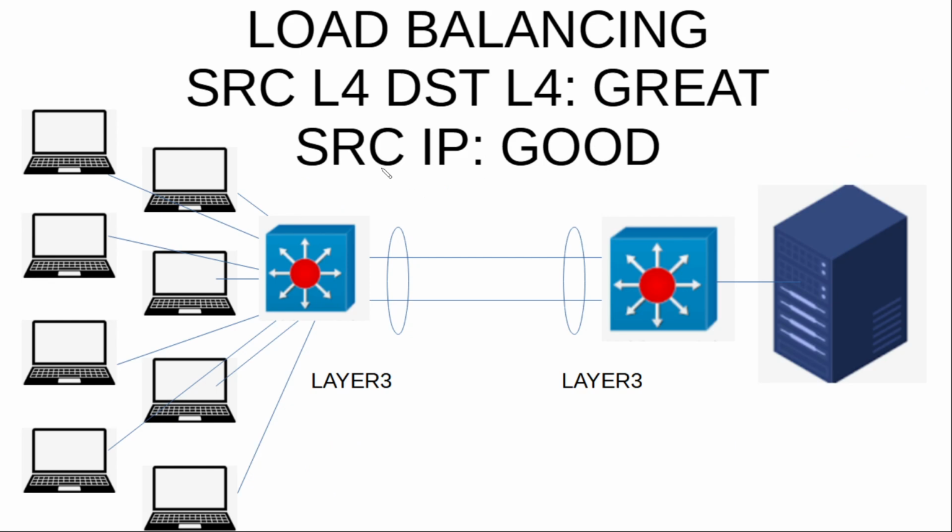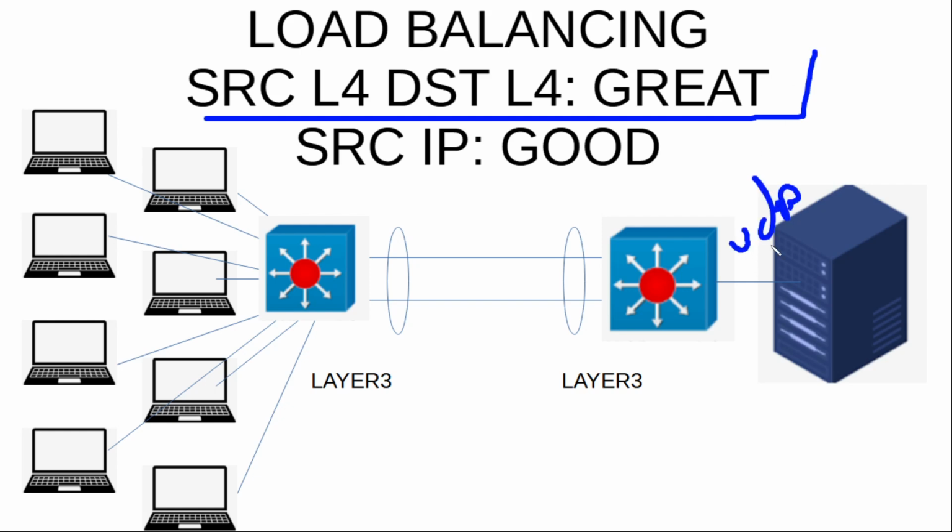But in this case, load balancing on layer 4 will be the best because we will be using several different UDP and TCP ports on both sides. That will create a reasonable amount of random numbers, so the load balancing algorithm will randomly be choosing sending packets on this link and other packets on this link, achieving 50% load balancing. That is what we need.